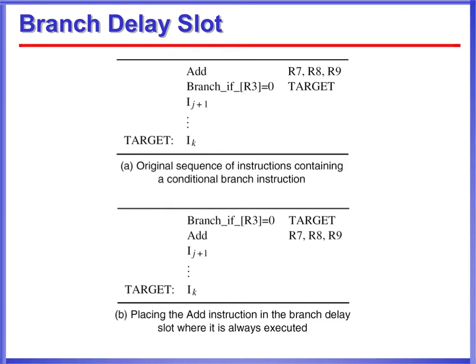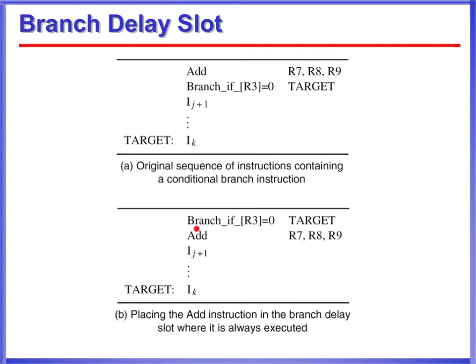It comes before the branch instruction. So, given the fact that this instruction will be fetched, regardless of whether we're branching or not, why not put this instruction down here and let it fetch and execute, okay? Now what we've done is we've filled this branch delay slot with an instruction that we want to execute whether the branch executes or not.